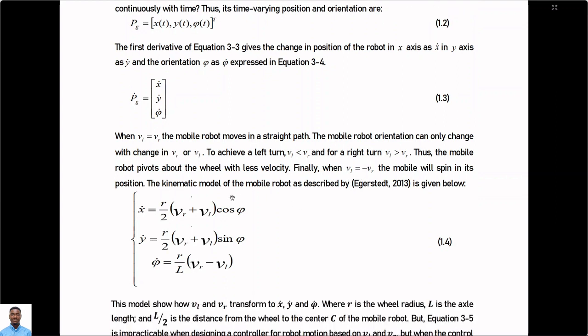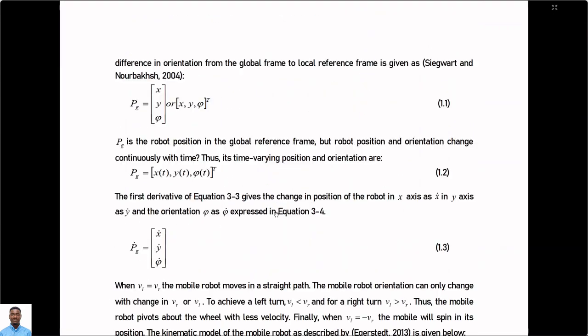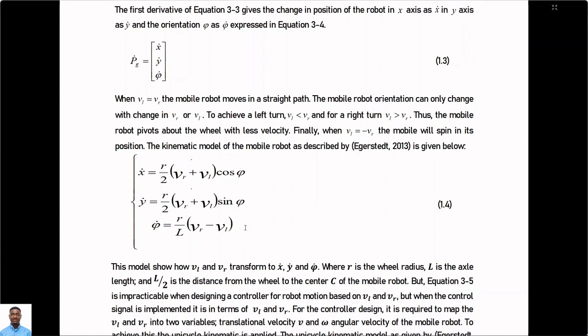If we do the resolution of what we have here, resolving into X and Y, the velocity in X equals R divided by 2, where R is the radius of the wheel, times VR plus VL, into cos phi. Also, the velocity in the Y-axis equals R over 2 times VR plus VL, into sine phi.